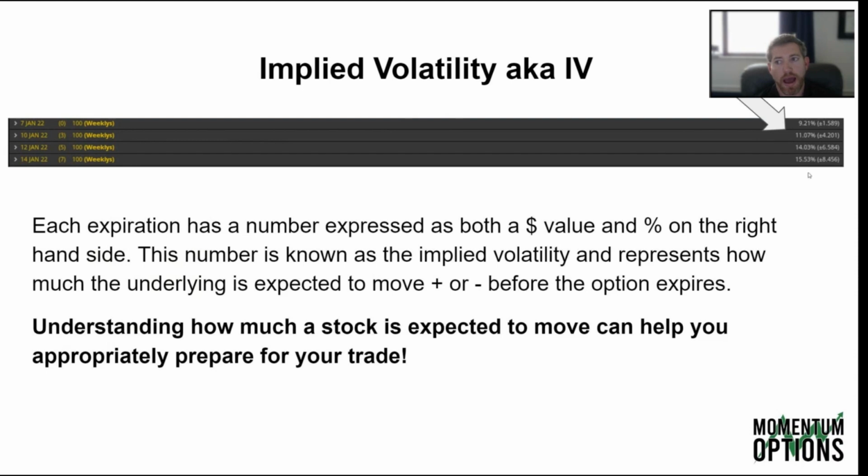So just knowing how far price can move can help you set the right expectations of where it will move. If price, on expiration day, the day that it was expected to move another $1.58, opens $1.60 higher or lower, you might say that the move that was planned for that day happened, was priced in appropriately, and that anybody buying out of the money options, expecting that move to continue much further, is probably going to have a tough time because the move already happened.